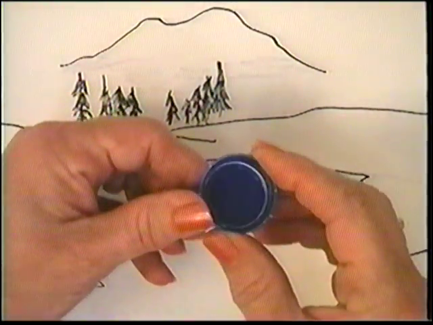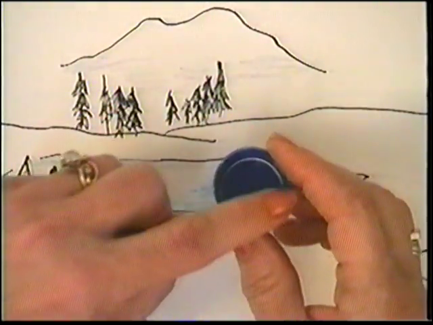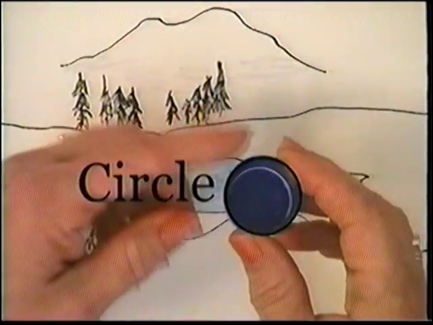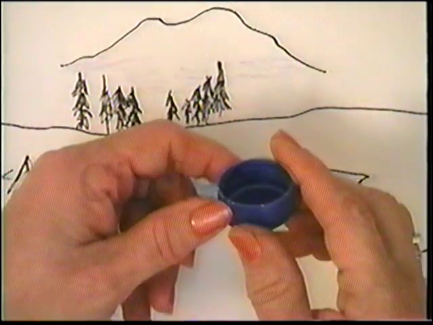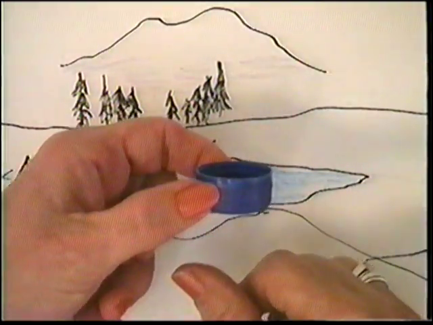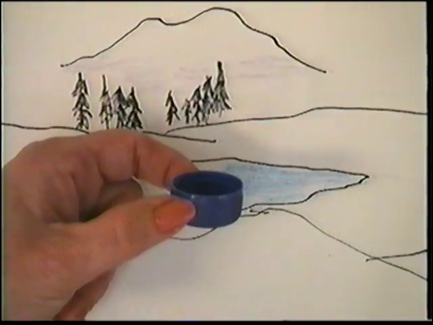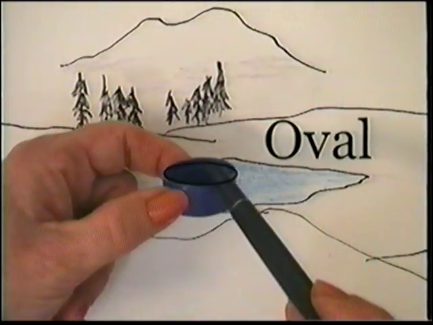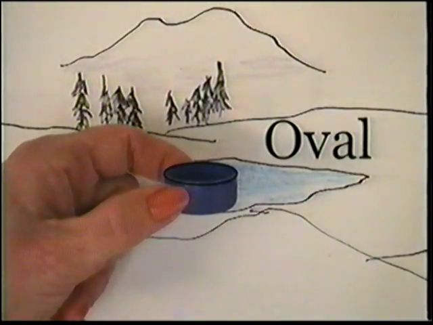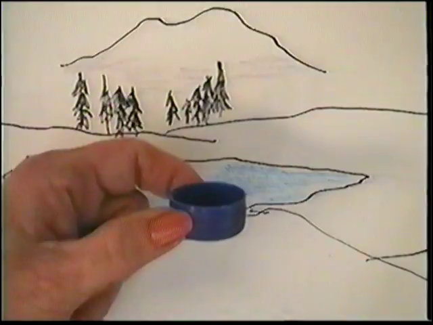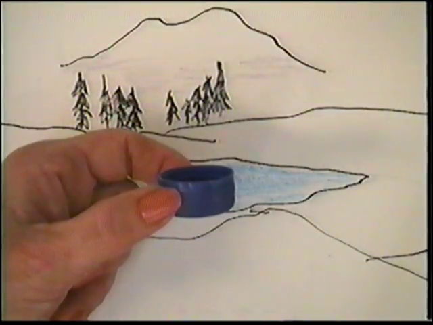Now, when we look at this bottle cap straight on, we can see that indeed the shape of the bottle cap is a circle. But if I tip the bottle cap so it's at the same angle as the pond, you'll notice that the top shape of the bottle cap becomes an oval shape because it's going back into space. Flat towards the viewer, tipped back, going back into space.